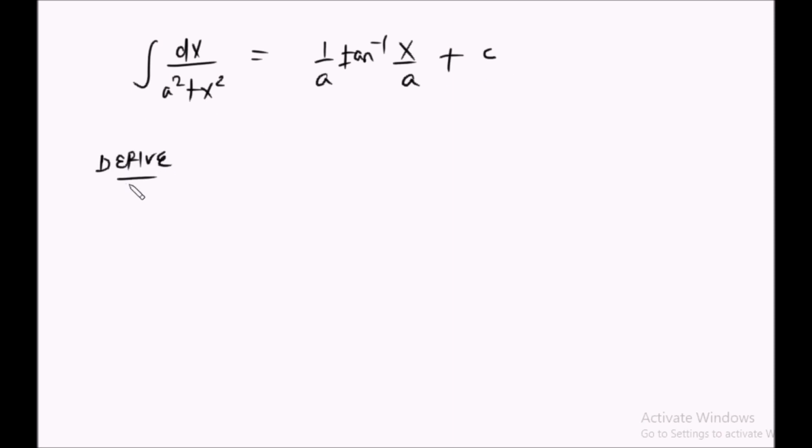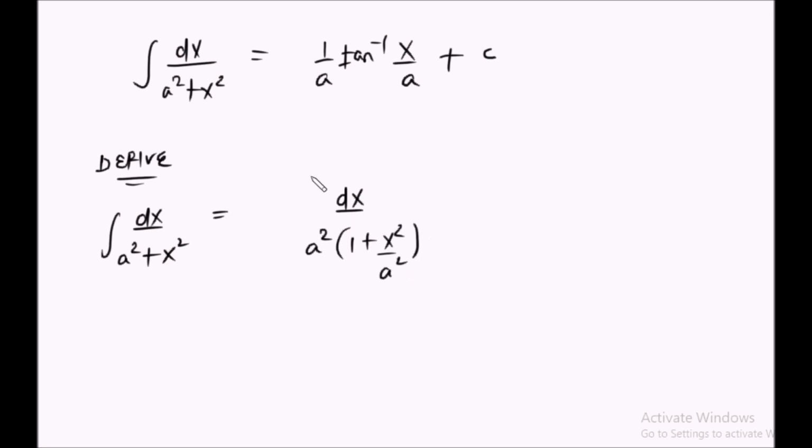So hii kuna katofauti kidogo, sasa kuna katofauti na kasimilarity kidogo. Sasa hiyo manake si ndo nina hii, naweza nikatoa a squared nje hapo nikabaki na dx over a squared, so nitakuwa na 1 plus x squared over a squared. So hii a squared naweza nikaitoa nje zaidi.